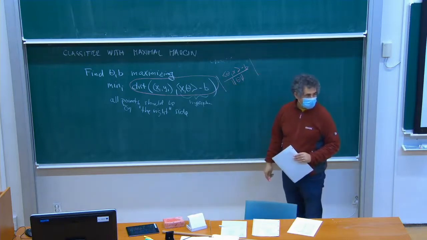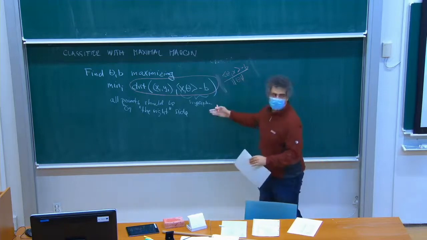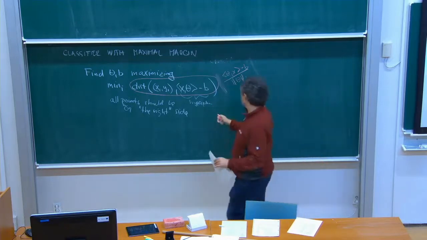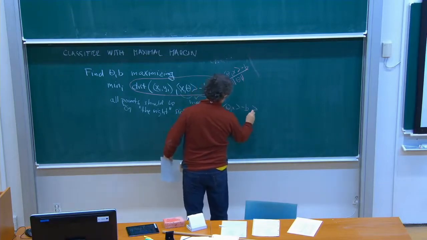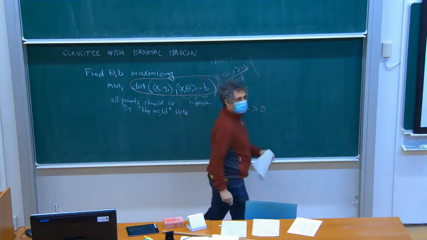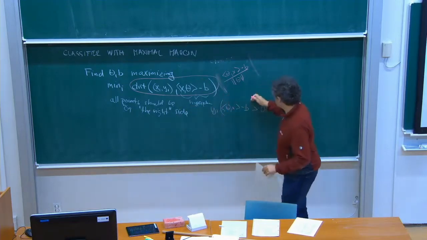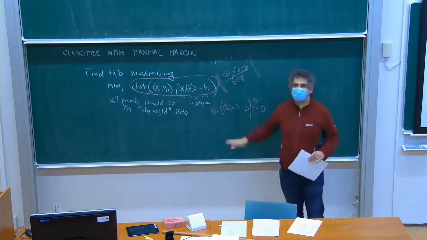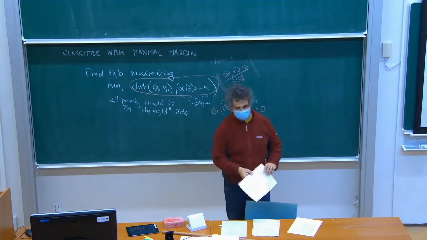Well, actually, we don't need absolute value because we also want all the points to be on the right side. That really means that theta x minus b times y is greater than 0. We already established this.